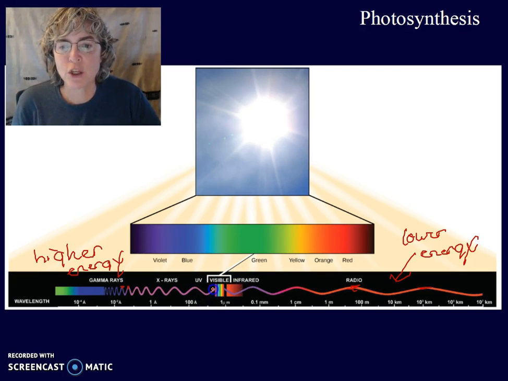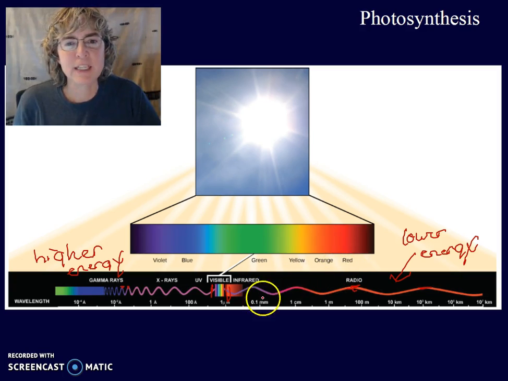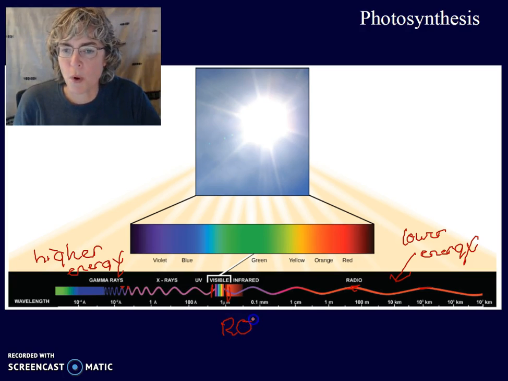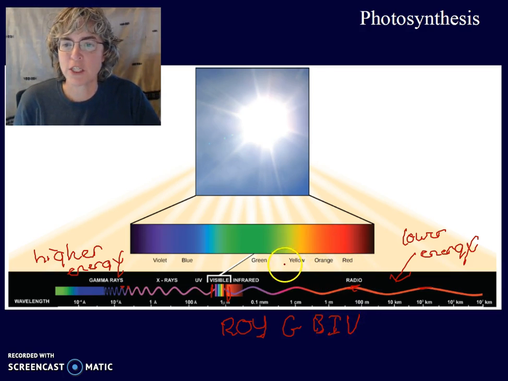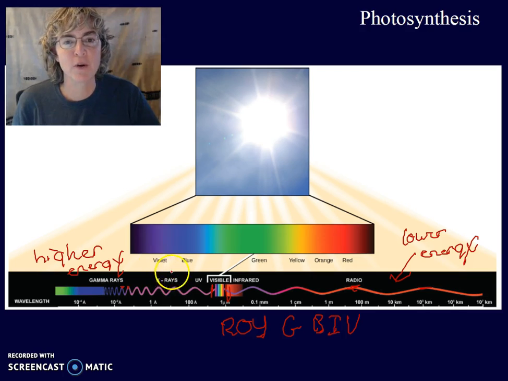And plants can use the energy in the visible range. And it's easy for me to remember the colors of the spectrum. If I remember Roy G. Biv. So red, orange, yellow, green, blue, indigo, violet.